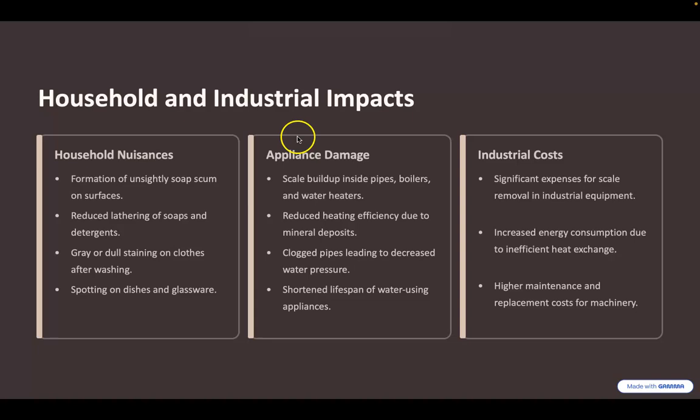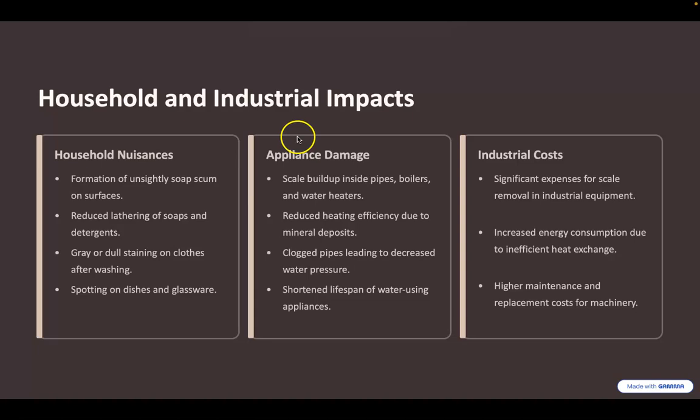If you are using the hard water, then these things can happen. The lathering of the soaps or detergents will be decreased, and then spots will be formed on the glassware or appliances that you are using.